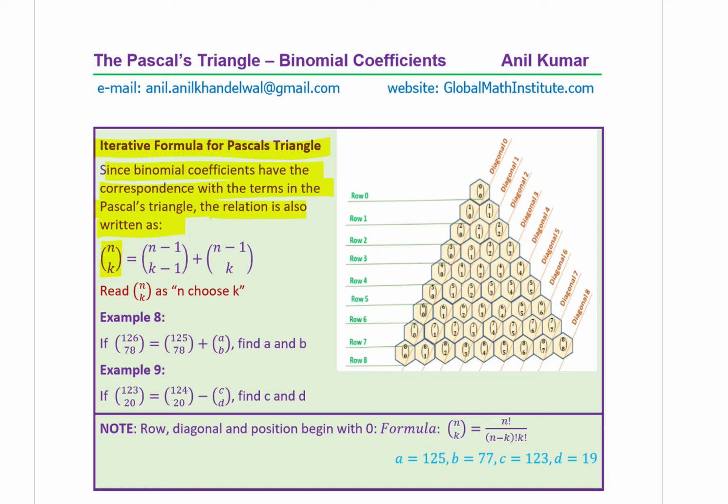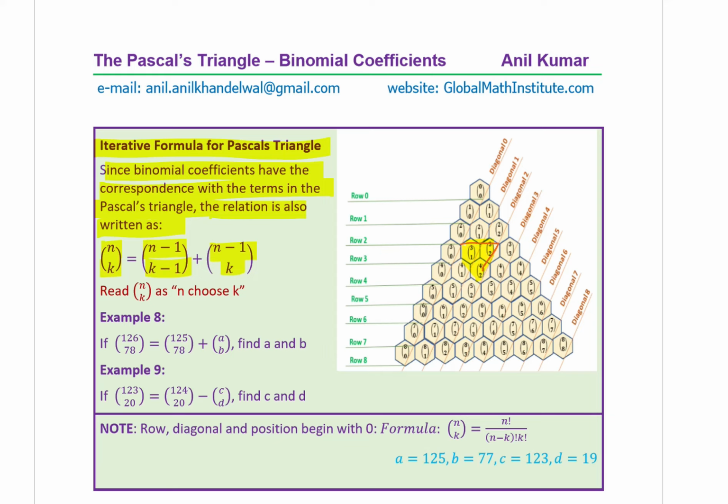So n choose k. You get the elements by adding up the previous two, so n minus 1 choose k minus 1 plus n minus 1 choose k. Those two just before get added to give the next one.